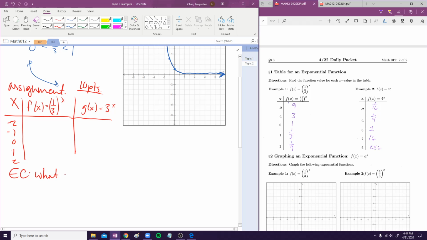What do you notice between f of x equals 1/3 to the x and g of x equals 3 to the x? So when you find the values, compare them. When you graph it, compare it and see, do you notice a relationship between 1/3 to the x and 3 to the x?